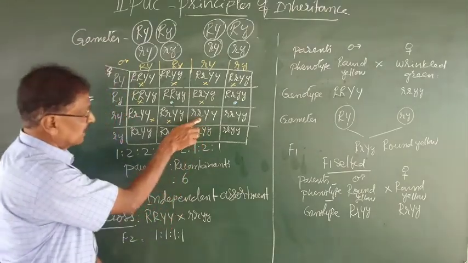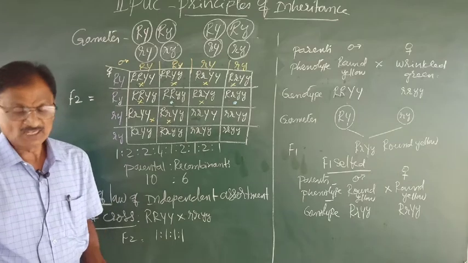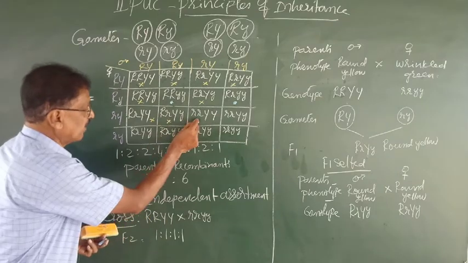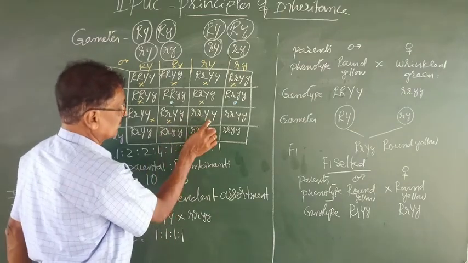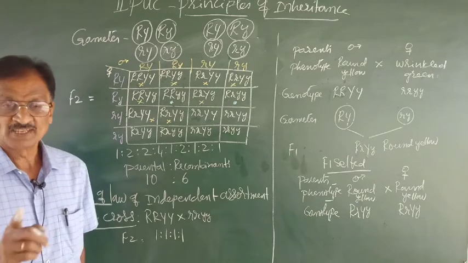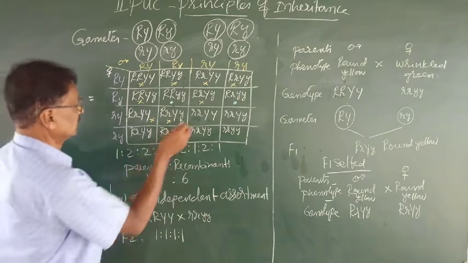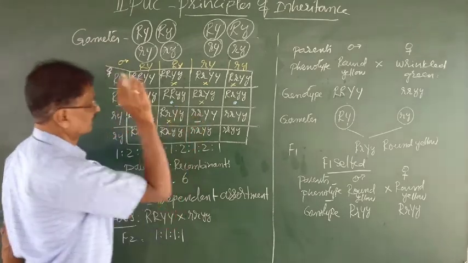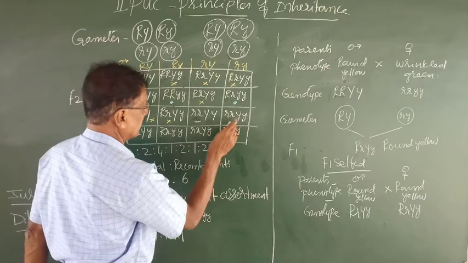Then now observe, these are both in small letters. As it is in small letter, it is wrinkled, but capital Y is there, hence it is yellow. That means wrinkled yellow. Give a different symbol. This one, wrinkled yellow.